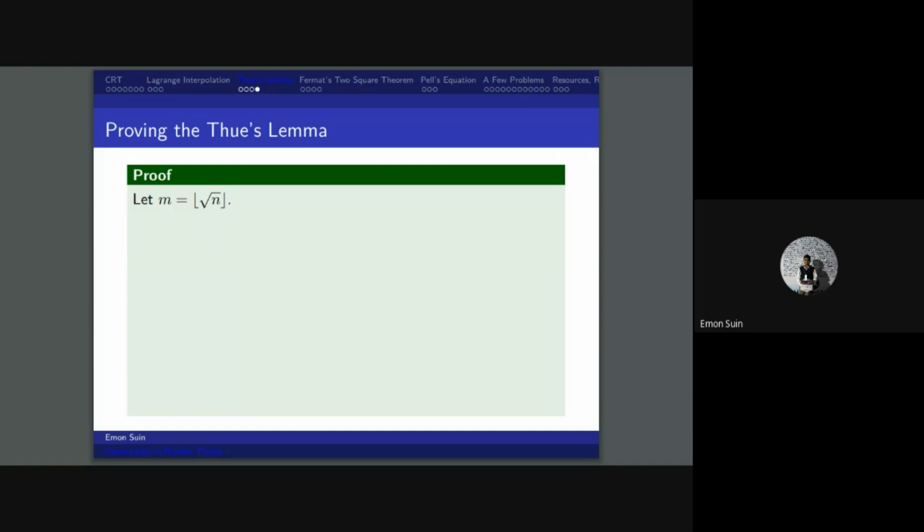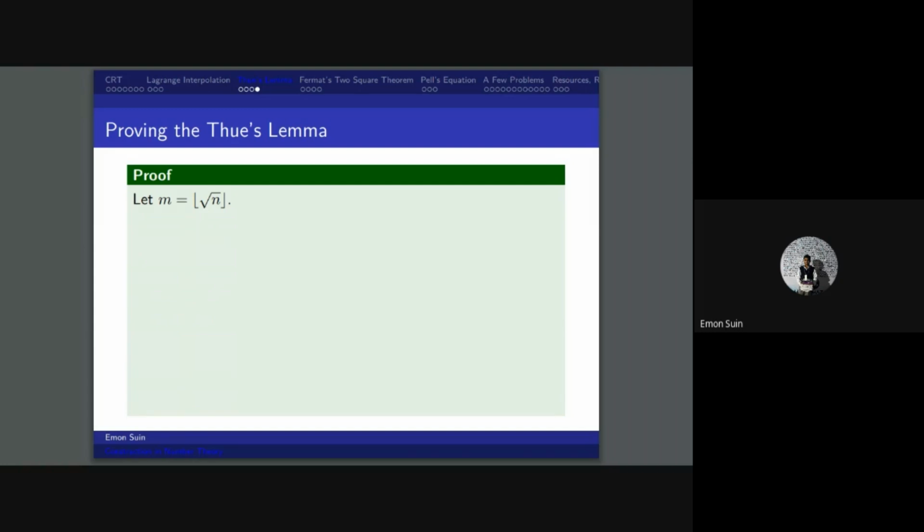We have it or not? Can you just repeat what you said? We say that if m is equal to the floor function of root n, then we can say that m is less than or equal to root n, which is less than m plus 1. Can we say that or not? Yes.